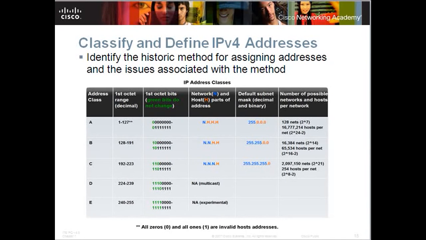For example, if the last 8 bits, the last octet, are host bits and they vary, what we can get is 2 to the power 8 hosts, not exactly 2 to the power 8, because the golden rule says all host bits cannot be set to 0 and all host bits cannot be set to 1.